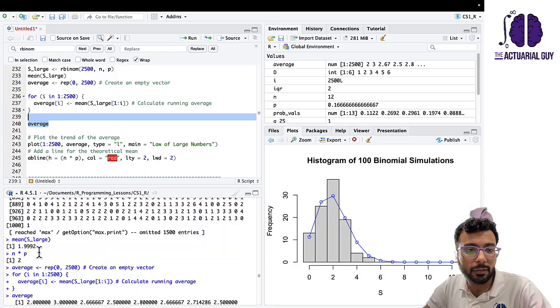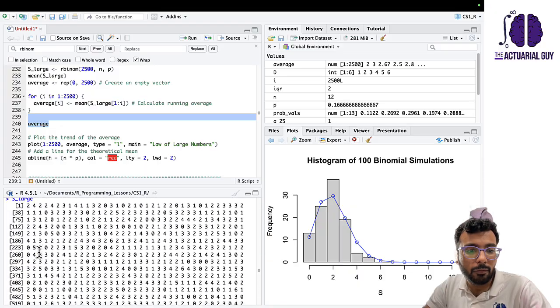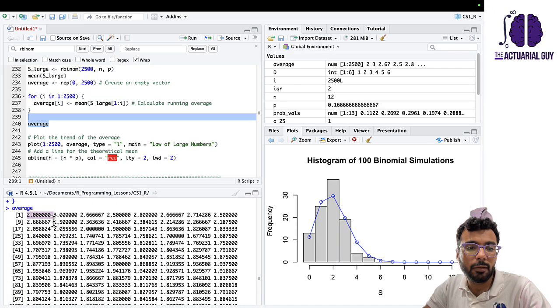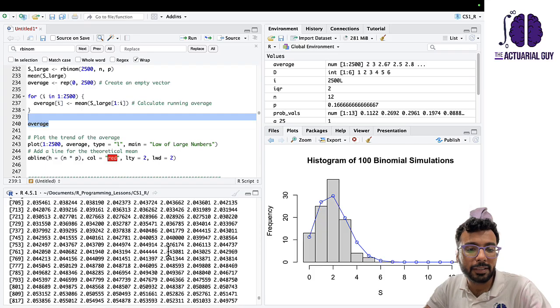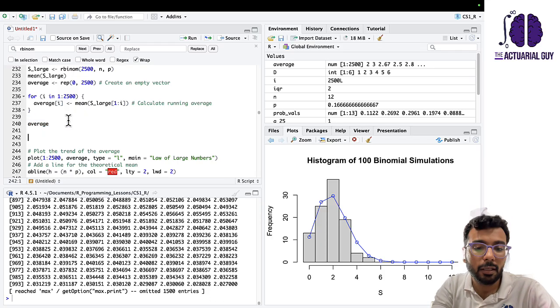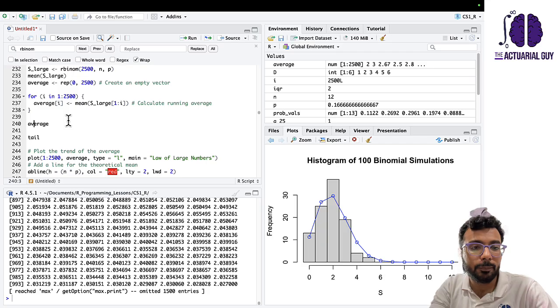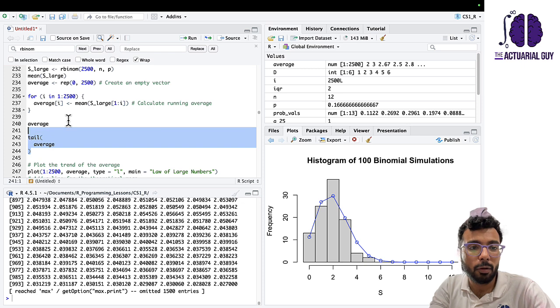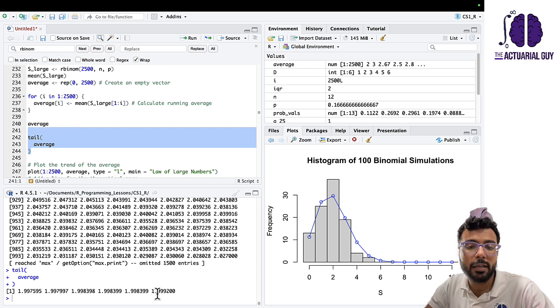The first mean is 2, then it's 3, then it's 2.667, and it just keeps on going. It has omitted 1500 entries. But if you take the tail of this average, you see the last 6 values, and the last mean is the mean of all the 2500 values. The last one is 1.999200. This is what we had seen earlier.